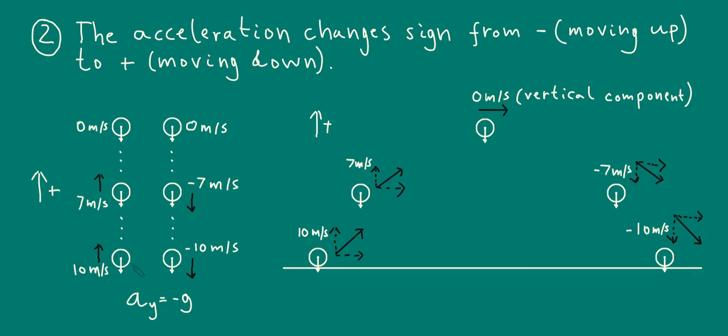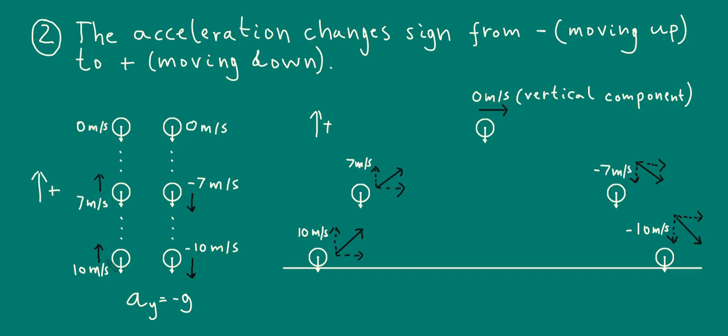over here, that means, vertically speaking, the motion of this projectile is identical to the motion of this ball just thrown up and down. You can see how the vertical component of the velocity is changing. So 10, 7, 0.